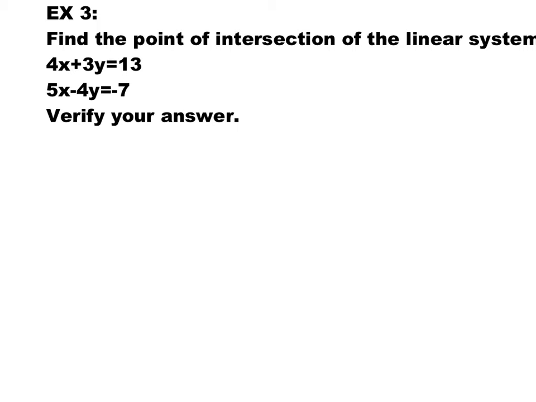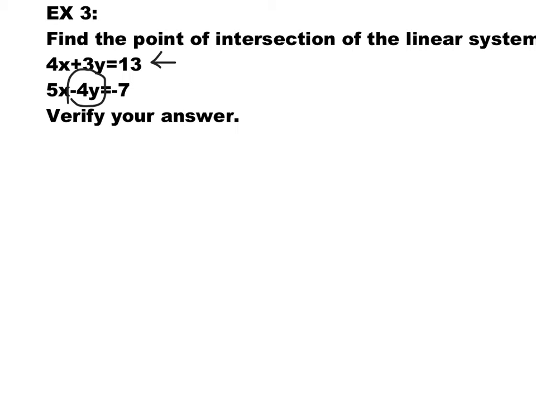First, I will decide to get rid of y. Why? No special reason. So to make the variables having the same coefficient, if you look at this equation here, I'm going to multiply every term by the coefficient of the variable in the second equation.